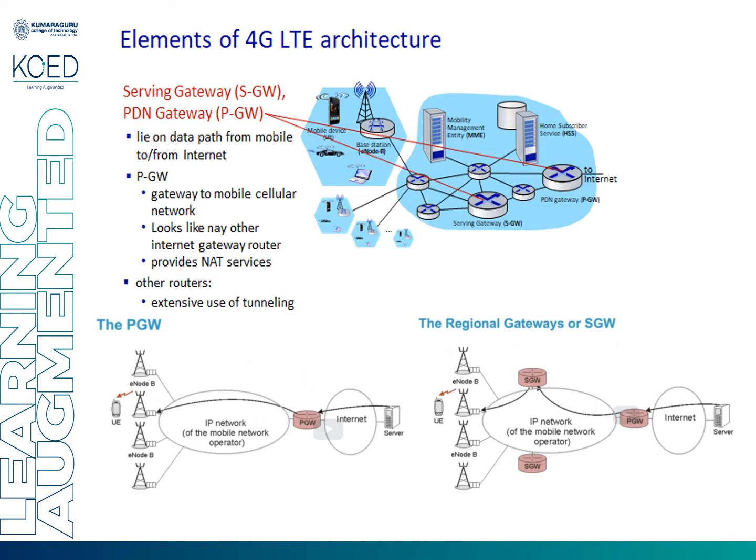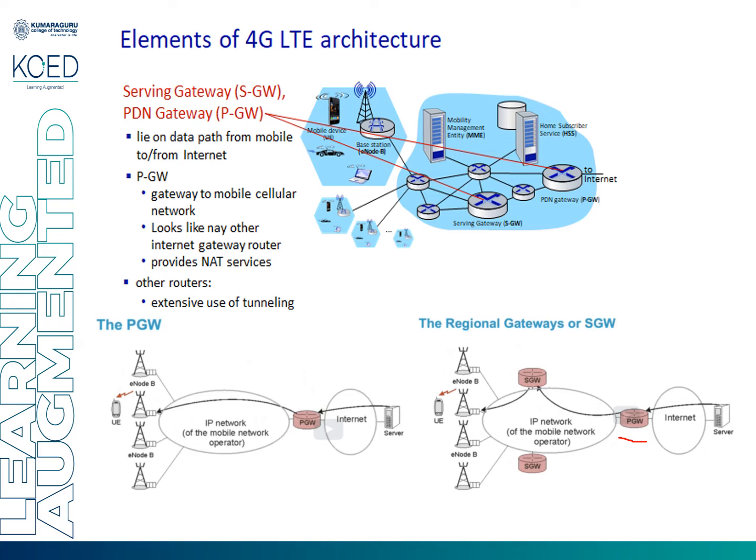The next component we are going to see is SGW and PGW. PGW is the packet gateway and SGW is the serving gateway. As we have seen, our ultimate motive is for the user equipment to communicate with the server, for which it is communicating along the IP network.